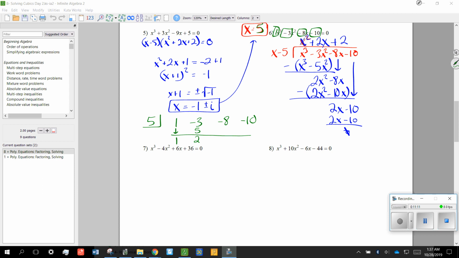Then we add that column. 5 times 2 is 10. Then we add that column. 5 times 2 is still 10. And we add that column. And so x cubed was what we started with. If we divide out a linear term, we'll have an x squared plus 2x plus 2. And that is the same exact quadratic we ended up with when we did long division. Synthetic division is very, very fast.